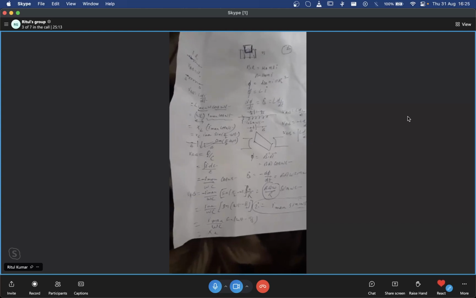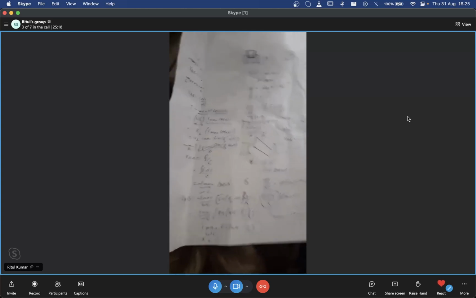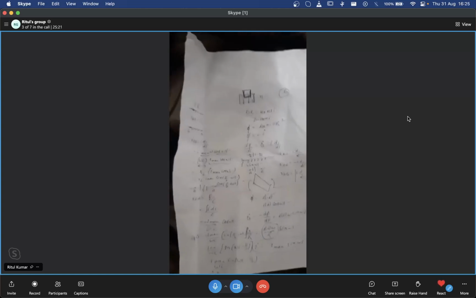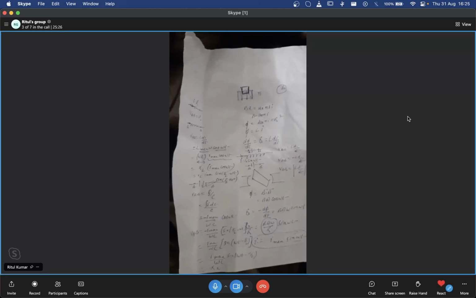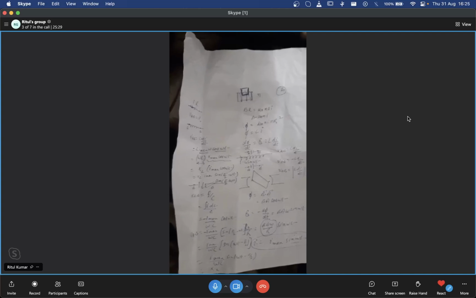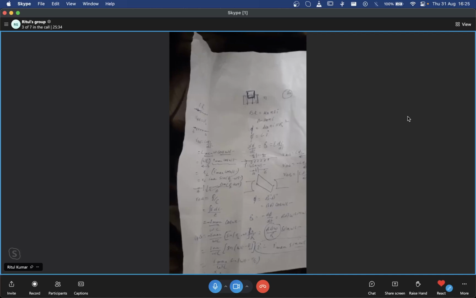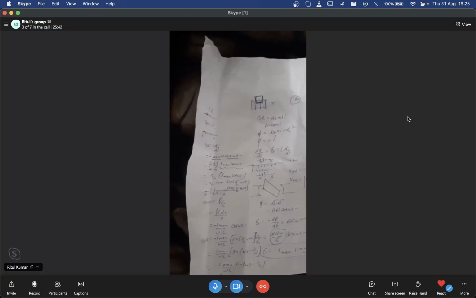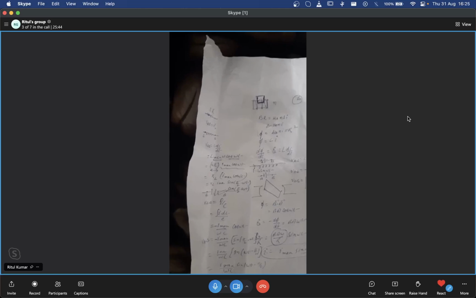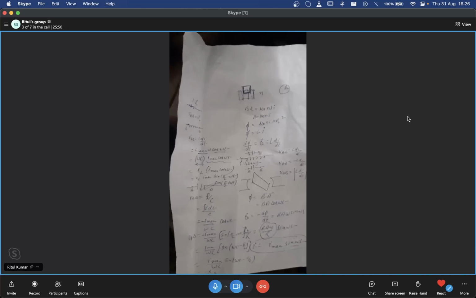XL is omega L, and XC is 1 by omega C. The terms other than current are called reactance. It can be inductive reactance, it can be capacitive reactance. Inductive reactance is the product of omega L. Capacitive reactance is the inverse of the product of omega C. Where omega is the angular frequency, the frequency with which the rotor, or alternator, is made to move.